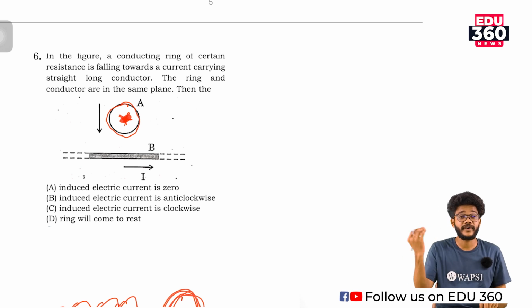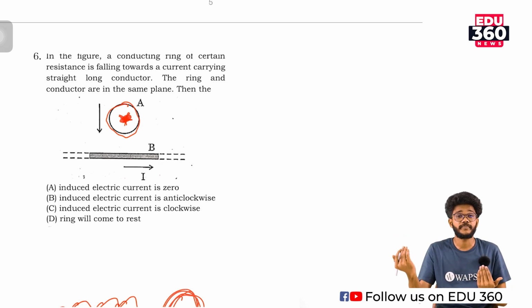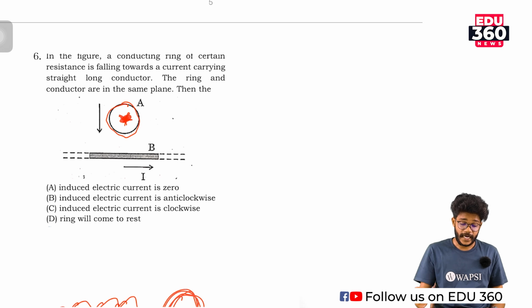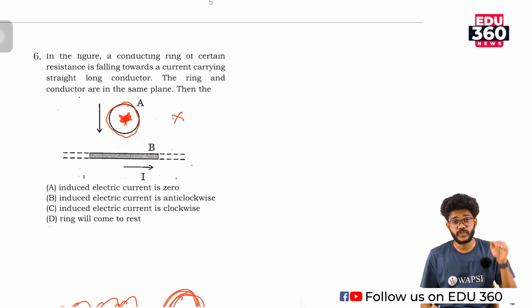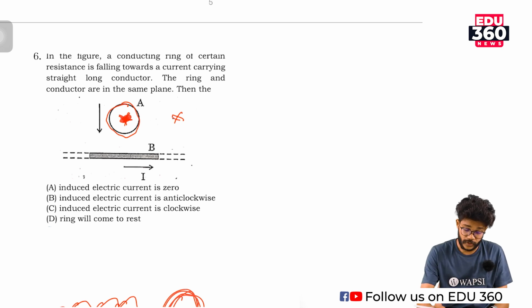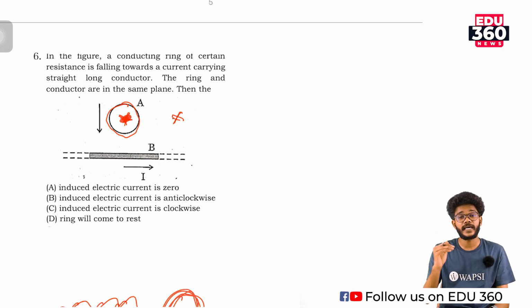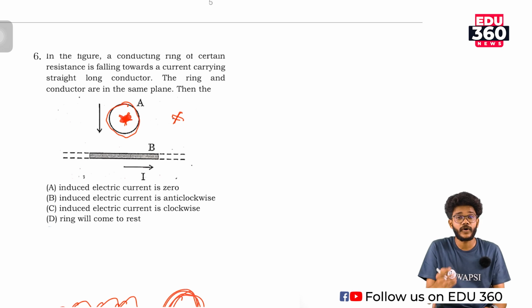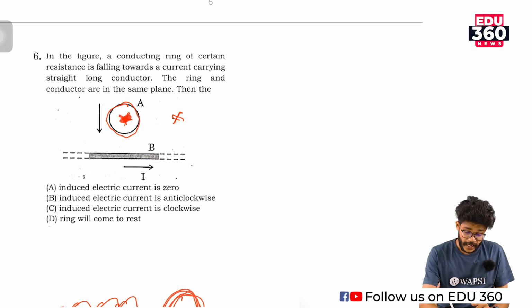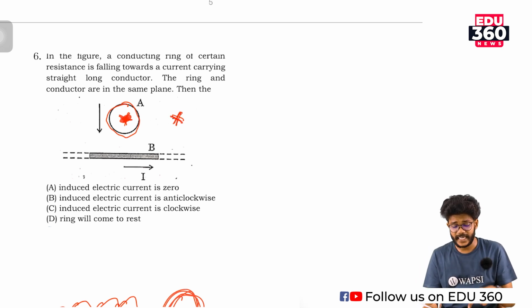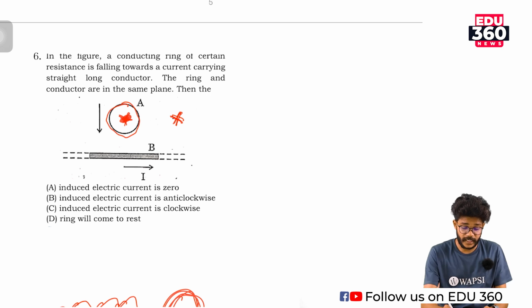So we can calculate the direction of the magnetic field. The direction of the induced magnetic field will be into the page. That means this kind of magnetic field can only diminish the magnetic field given by the conductor. So I can mark the induced magnetic field as into the page.